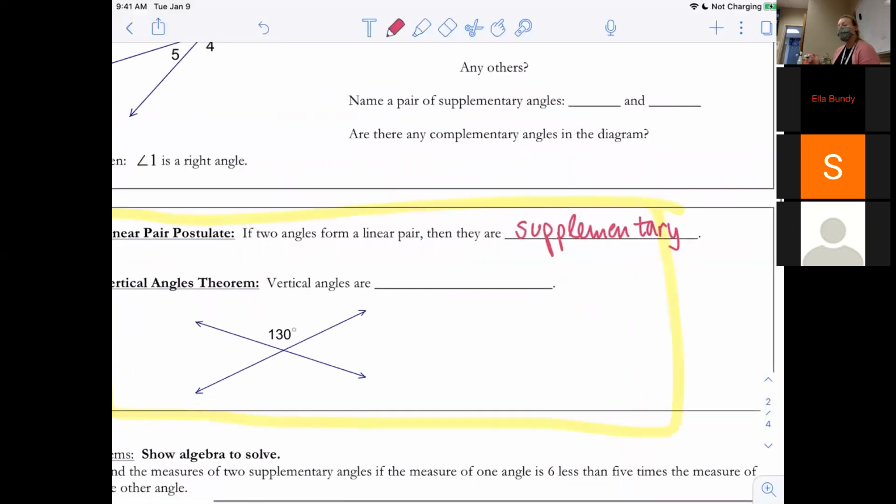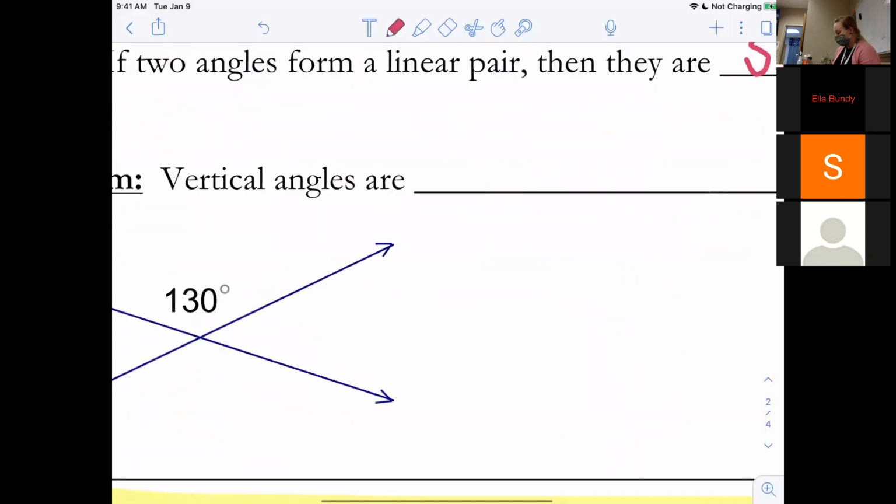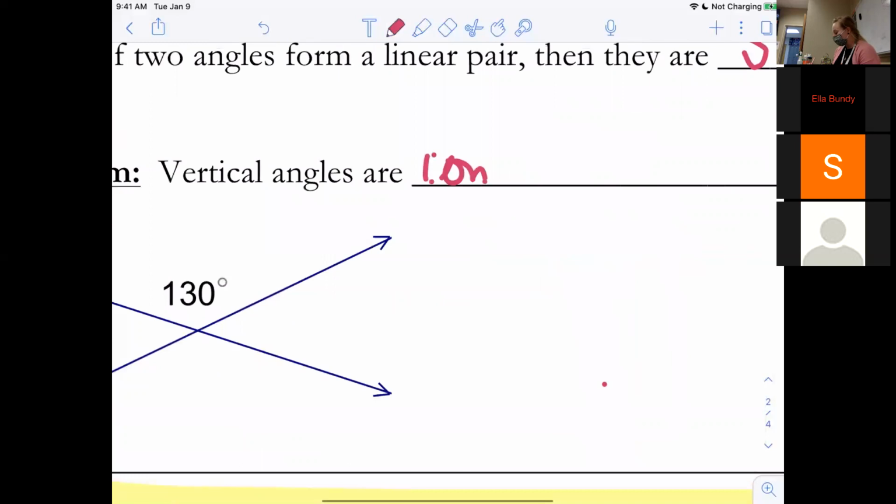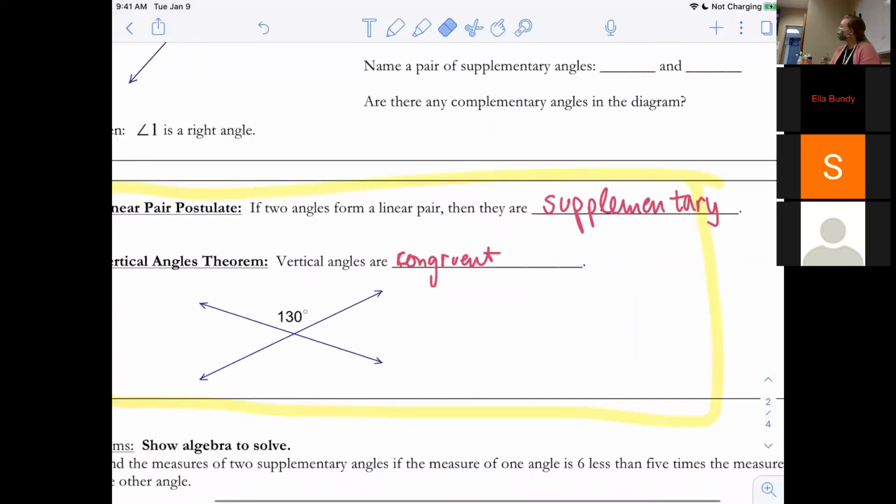And then we just learned that vertical angles are congruent. Those are true statements that we're going to use for the rest of the year that we learned today. Vertical angles are congruent, linear pairs are supplementary. And again, that should be so in your head that if I see you at any time and I say vertical angles are, you should say congruent.